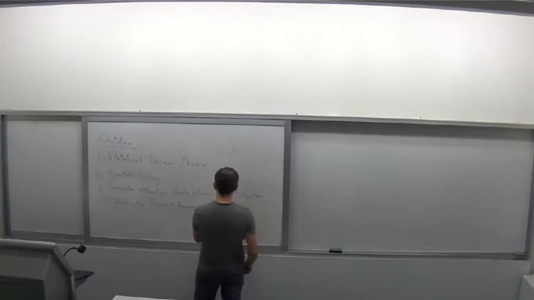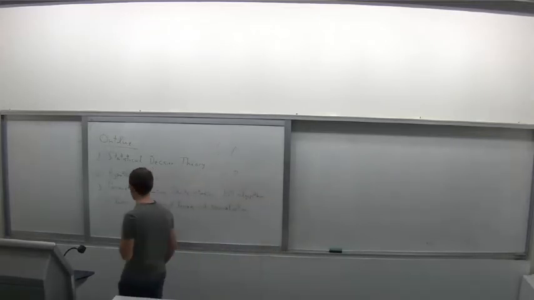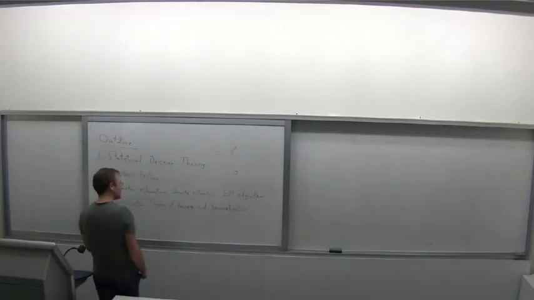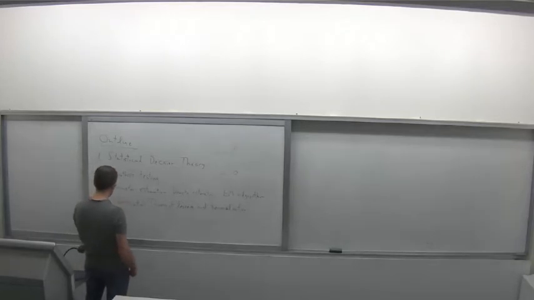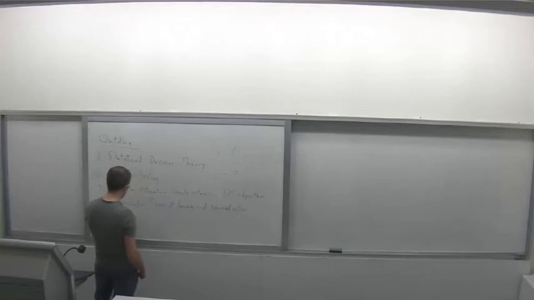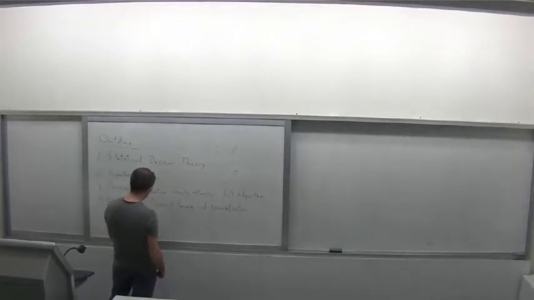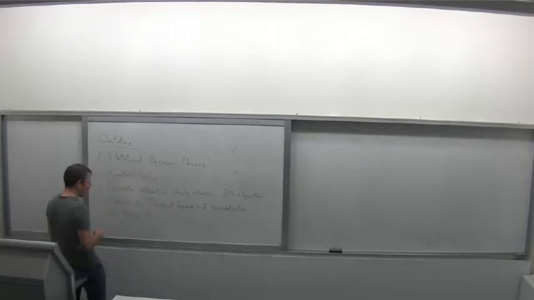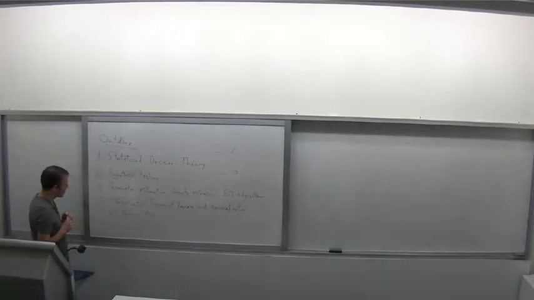There's been a lot of beautiful mathematical theory, starting maybe in the 70s, and one of the most impressive achievements of this theory is something called the VC theory, Vapnik-Chervonenkis. There's also PAC theory, which is related to VC. This was developed in the Soviet Union, this was in the States, and there's some interesting history there.